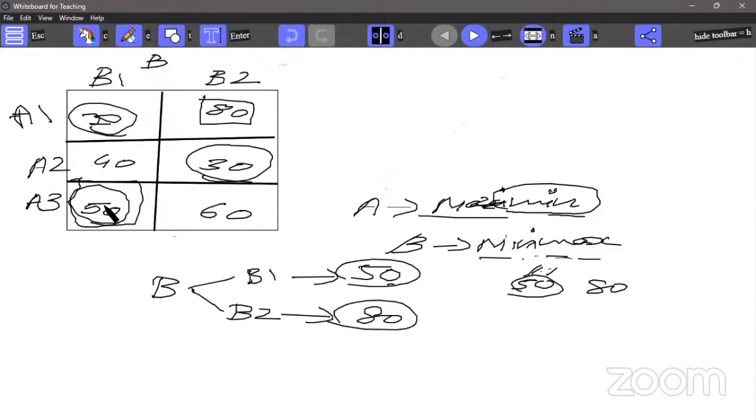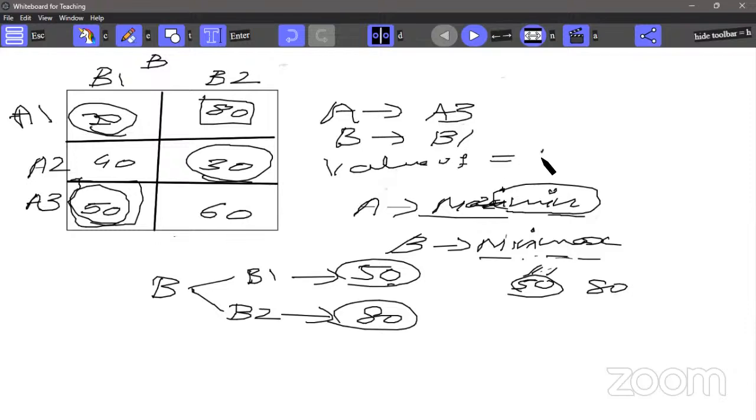So what is the optimal strategy for A? A3. What is the optimal strategy for B? B1. So A shall be using the A3 strategy, B shall be using the B1 strategy, and the value of the game is 50.